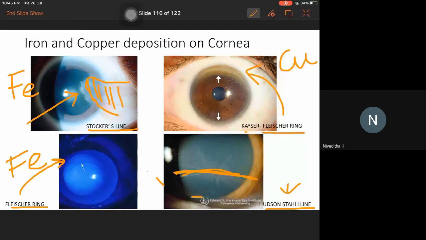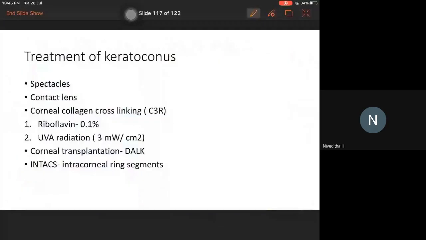So what is the treatment for this? Another two more slides. How do you treat keratoconus? Spectacles in the early treatment, then a contact lens if the patient is not able to use glasses. Then the most hot favorite topic, the corneal collagen cross-linking, that is the C3R.